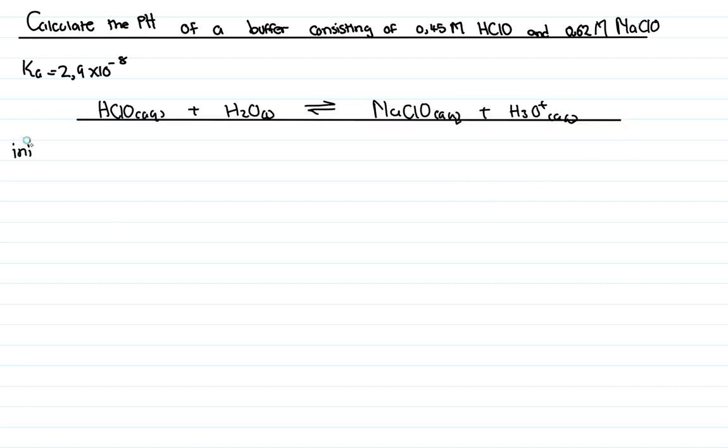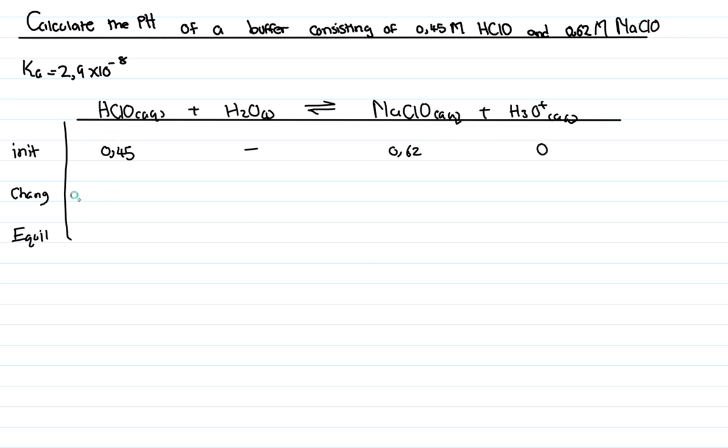So initial, change, and equilibrium. So initially we have 0.45 molar for our HClO. So we have 0.45, nothing for water, and we have 0.62 there, and we have 0 for hydronium ion.